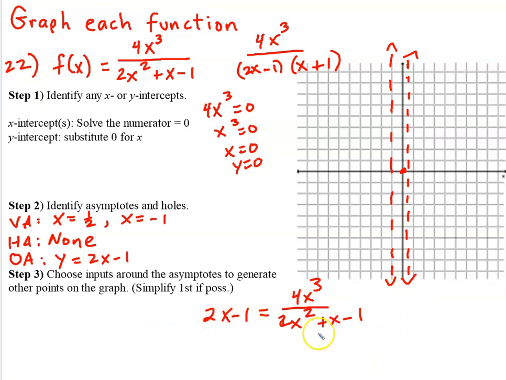Okay, so we're going to multiply this denominator on both sides. It's been a while since we've done this, but it's just the distributive property. So distribute 2x to all three terms. So that would be 4x cubed plus 2x squared minus 2x. And now distribute the -1.